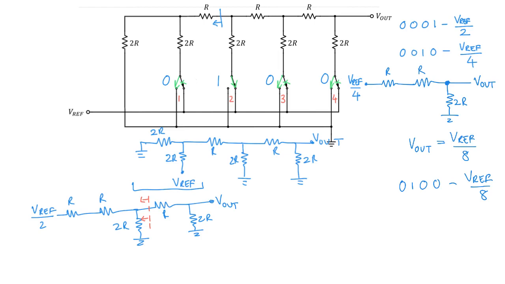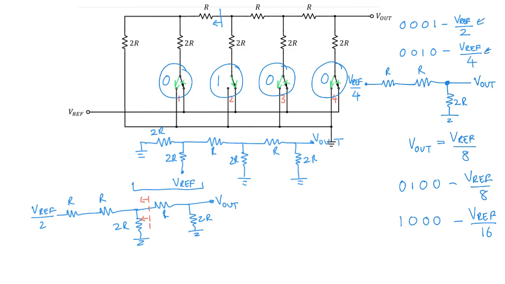So for a code of 1000, you will get a signal of V ref over 16. So what's happening is that the signals at each of these points are multiplied by a factor of V ref, either V ref over 2 or V ref over 4 or V ref over 8 or V ref over 16, depending on which position it is.